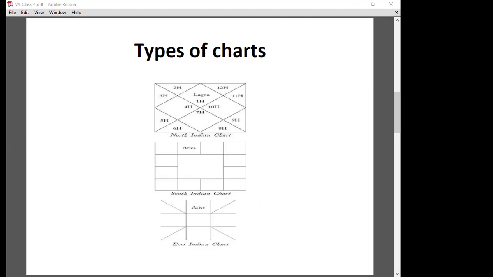The air element, or the Vayu tattva, is signified by Gemini, Libra, and Aquarius. And finally, the Jala tattva, or the water element, is signified by all the water signs, which are Cancer, Scorpio, as well as Pisces.